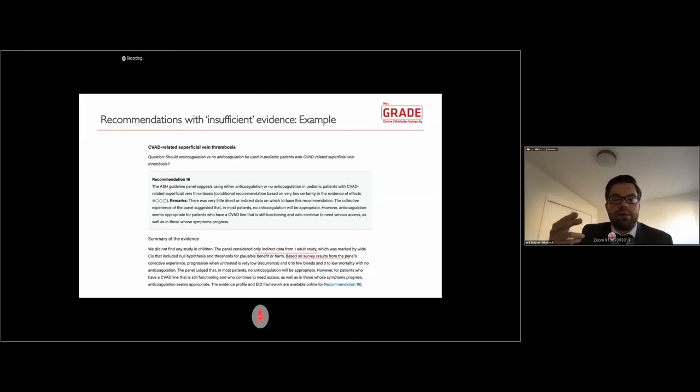So for example, the panel members were able to recall and collect the information about specific outcomes they saw in practice and relay that back to the whole panel. This approach we described in that publication. So this highlights how we can make recommendations when there's very little or very low certainty in the evidence, or it's lacking.